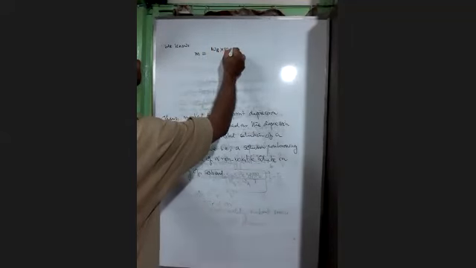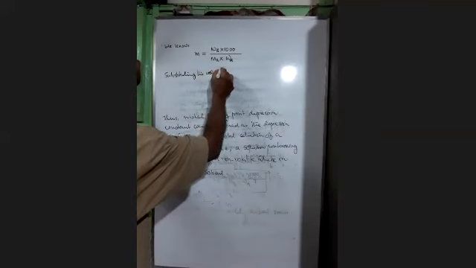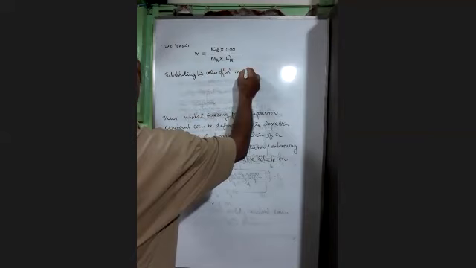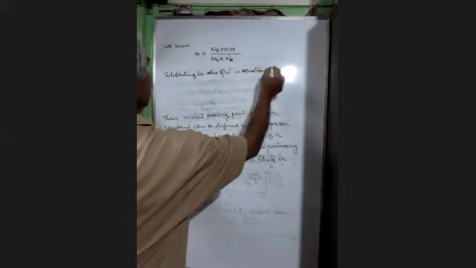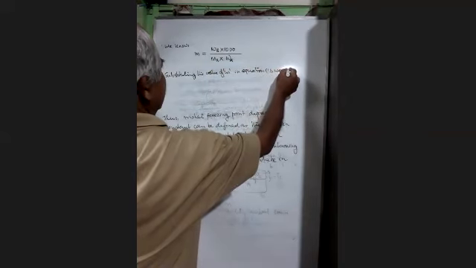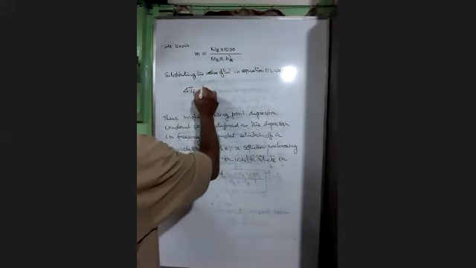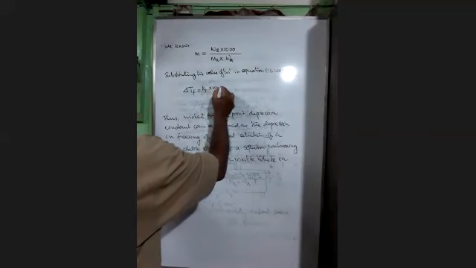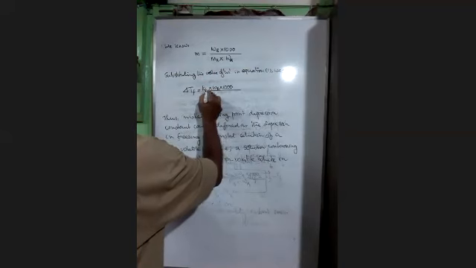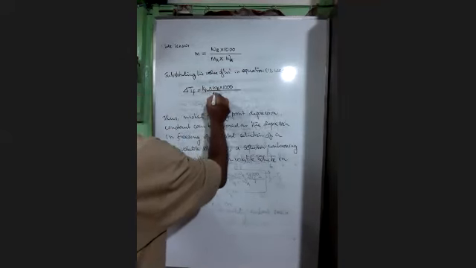WB into 1000 divided by MB into W. We write now that substituting the value of M in equation 1, we get delta TF equal to KF into WB into 1000 divided by MB into W.